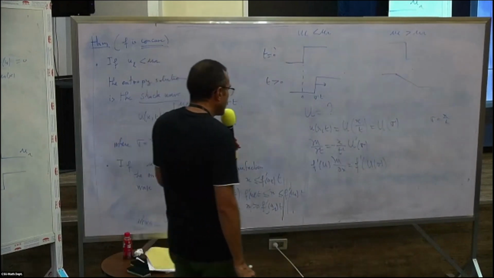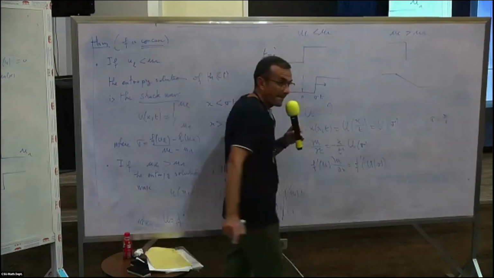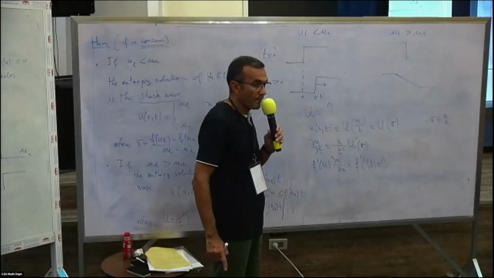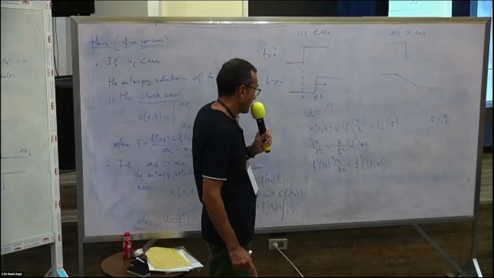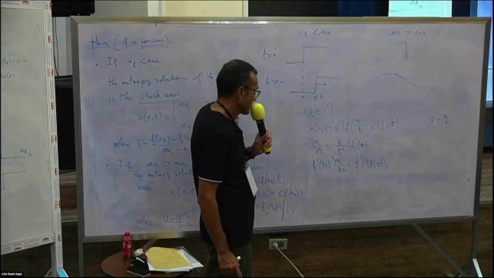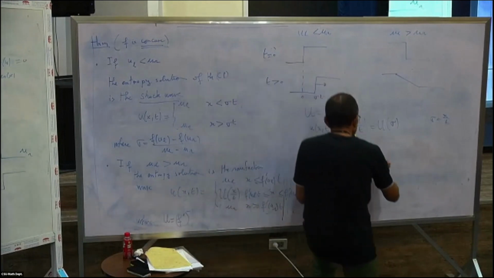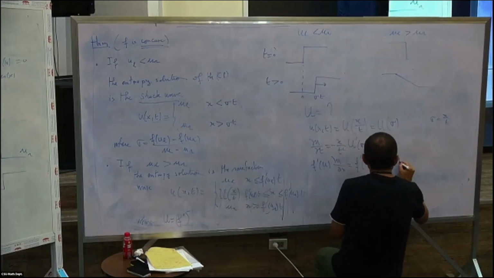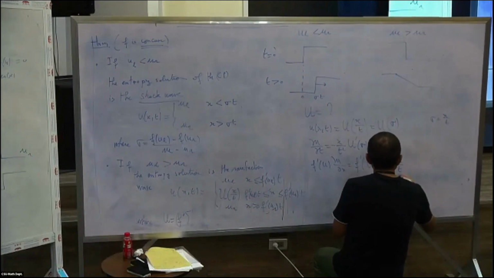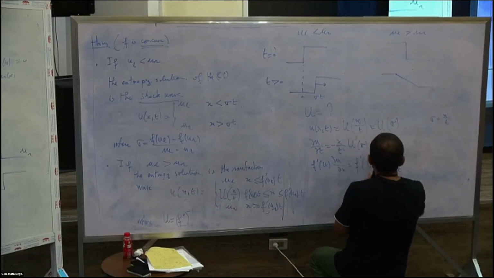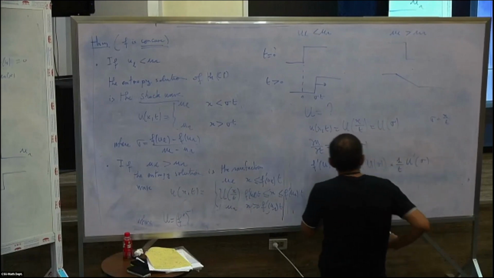And dU over dx is, yeah, 1 over t multiplied, sorry, by 1 over t and U prime of sigma, right?